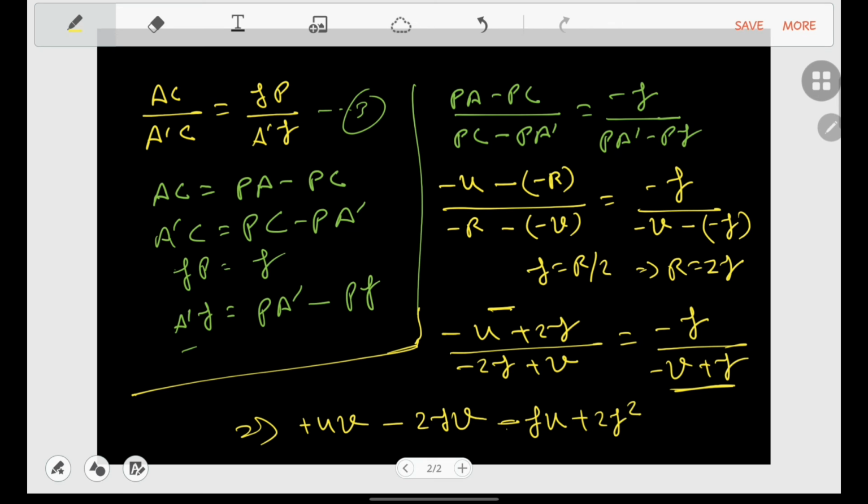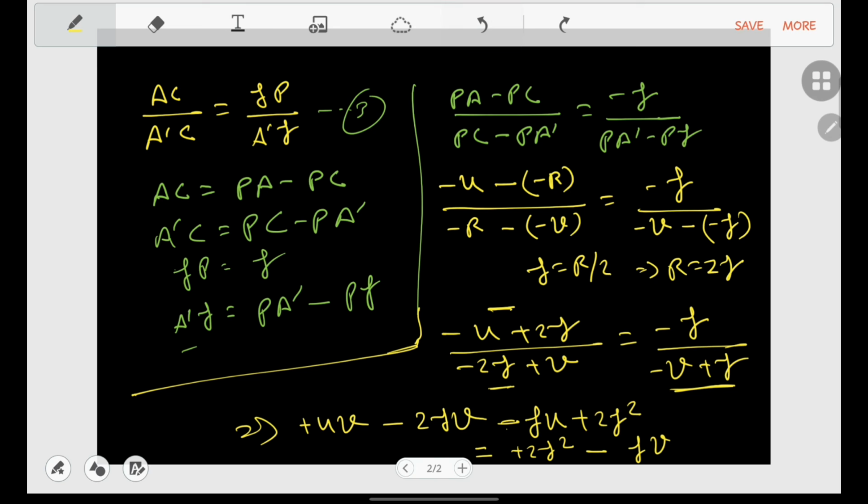Equal to this minus F, we need to multiply by this one. So this will be minus minus plus, plus 2F square, and minus FV. See here, on both sides 2F square and 2F square are equal.